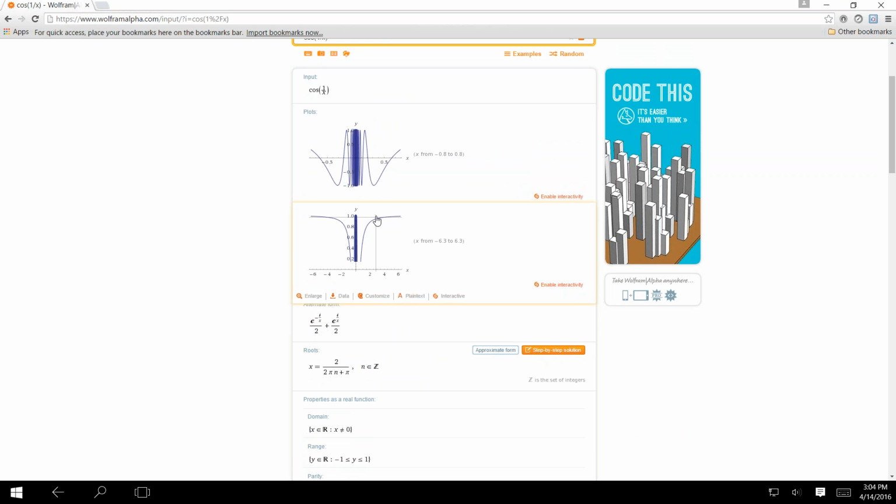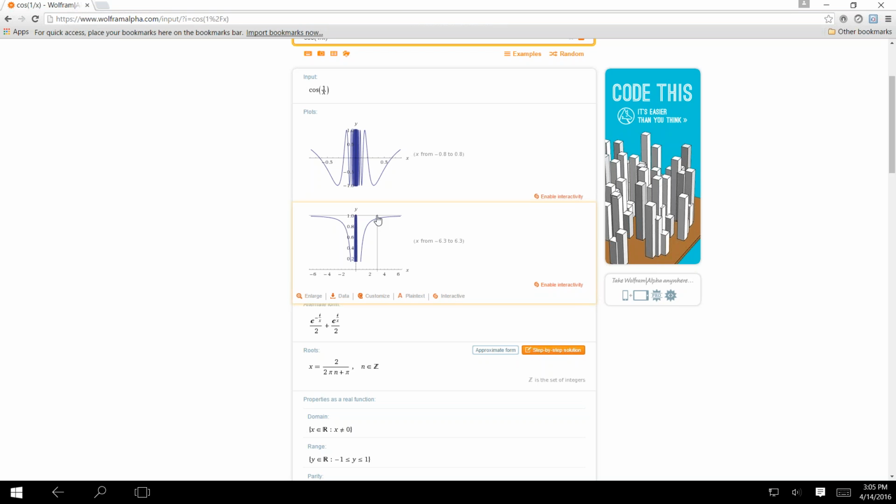Let me put a horizontal asymptote on it right there at 1. You can see that the function is approaching that horizontal asymptote as I go all the way to the right and also all the way to the left. As x goes to negative infinity, it also is the cosine of 0, so it's going to go to 1 whether it's positive infinity or negative infinity, and that makes an asymptote at 1.